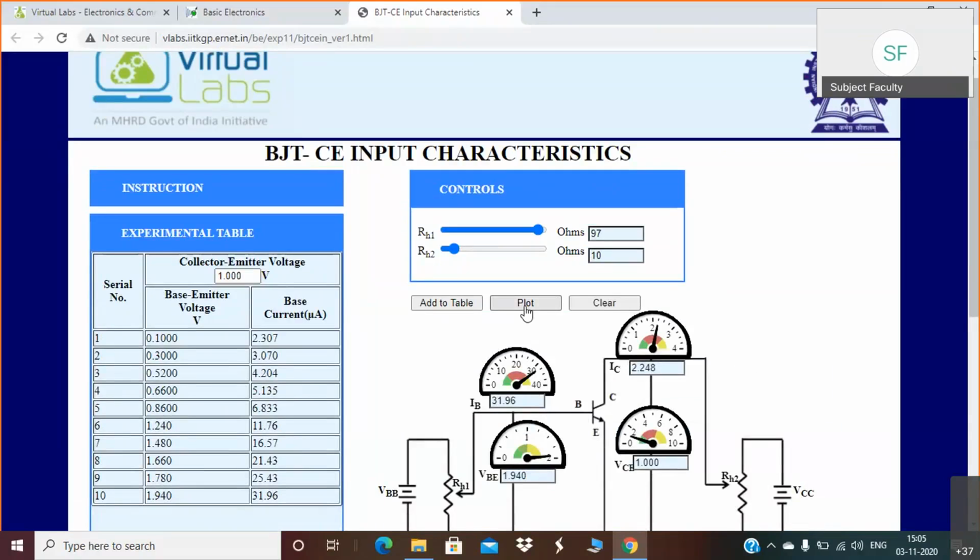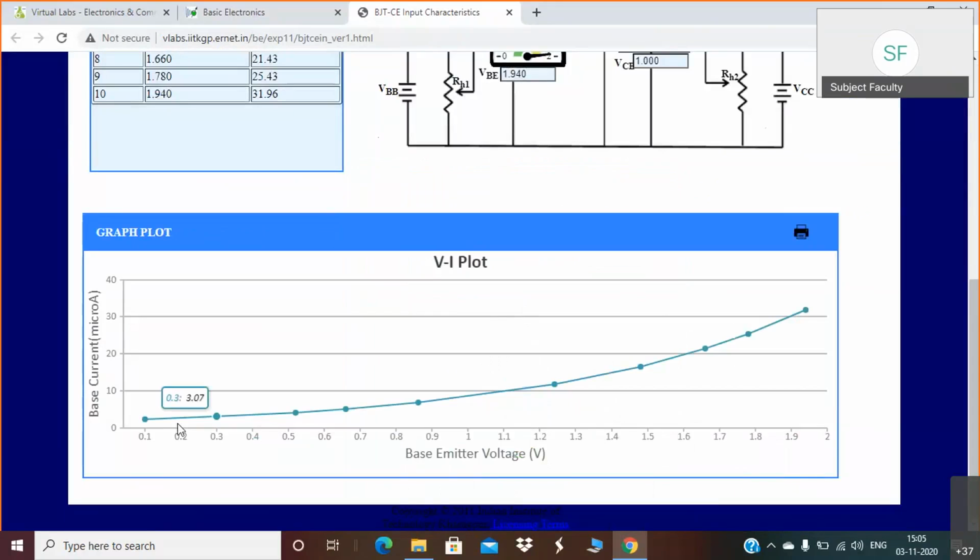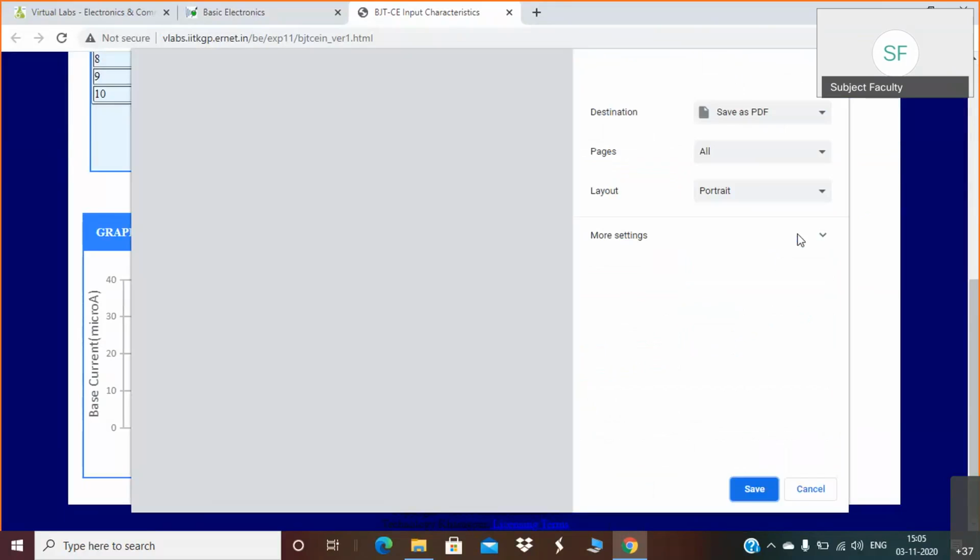Right? So I have clicked on the plot, so you can observe this is an exponentially increasing graph. Now again I can take the print of the same from here.